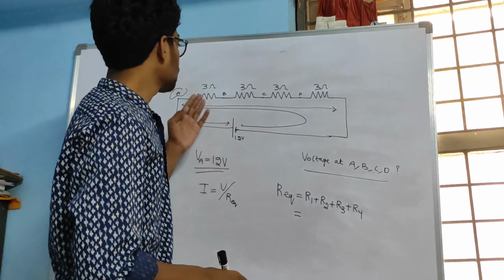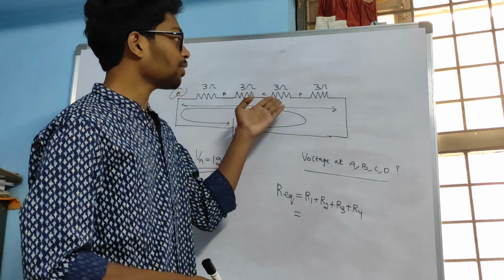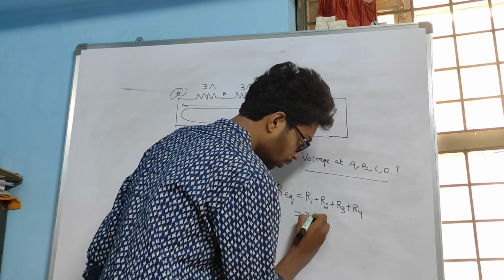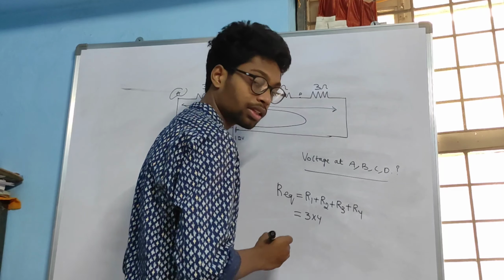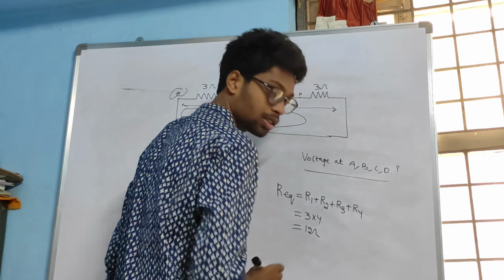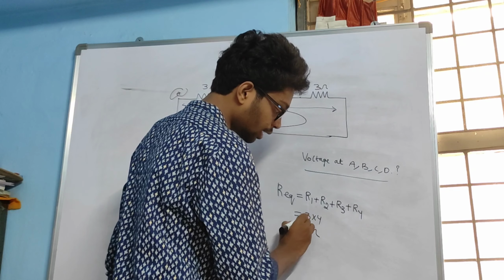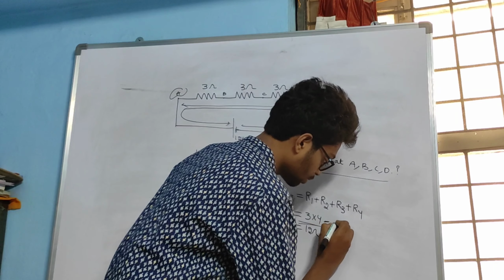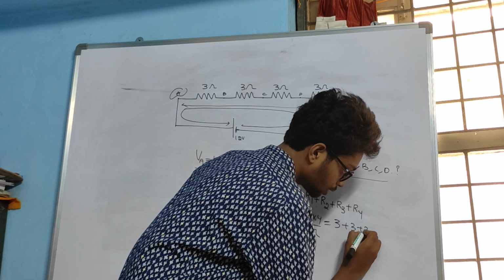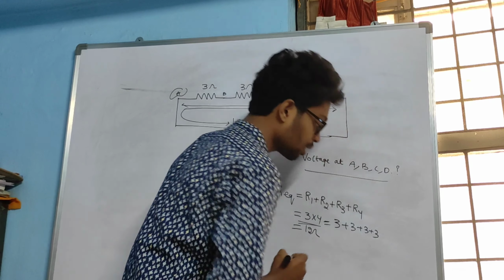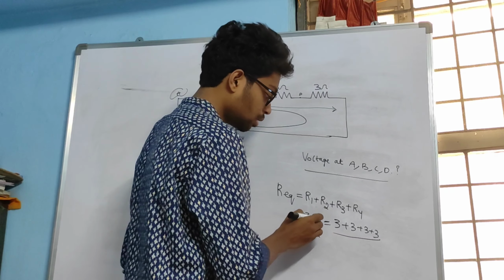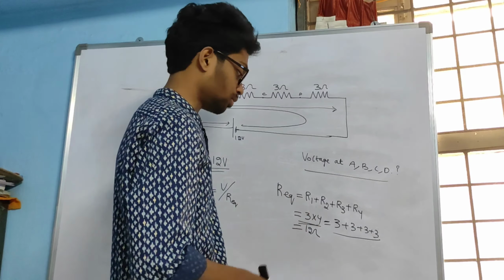Okay friends? Here each one is having same resistances. So I am taking that as 3 into 4 for the easy process. So I have got 12 ohms. I have taken here 3 cross 4 because 3 plus 3 plus 3 plus 3, adding 4 times 3, is equivalent to multiplication of 3 cross 4.